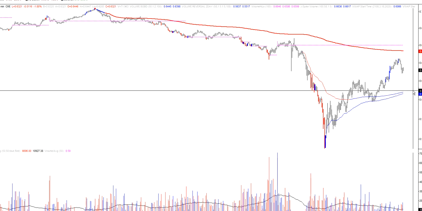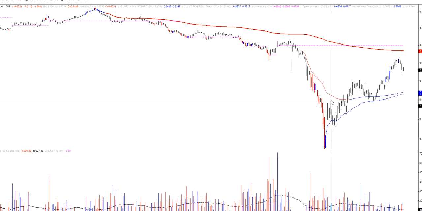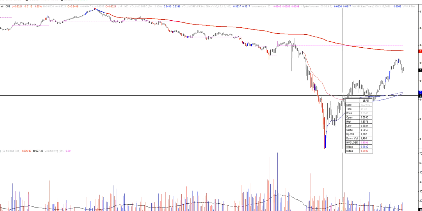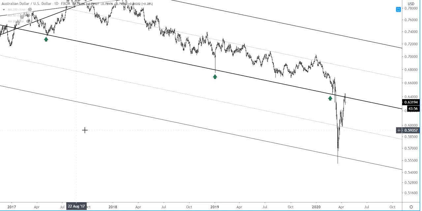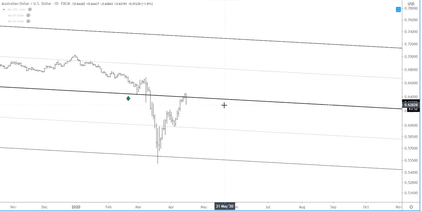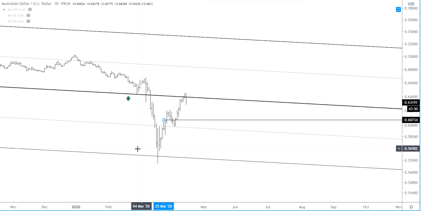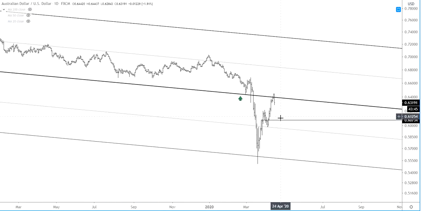That's currently about 60.70. I like that it lines up with this high here, which is the 3.25 high. That would be a level I'd look towards on the downside as a short-term trade. That level right there is 60.73.